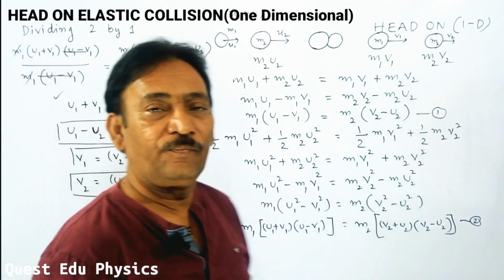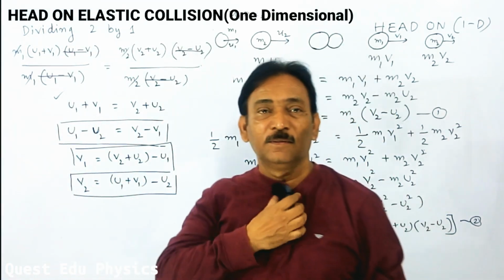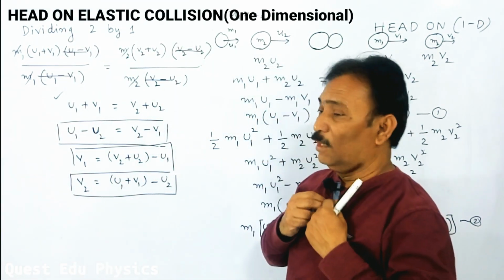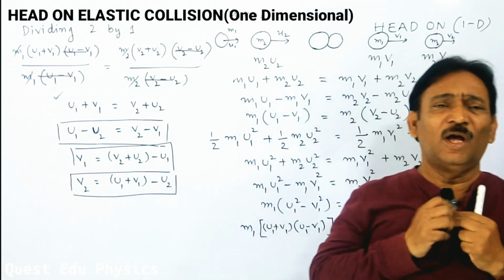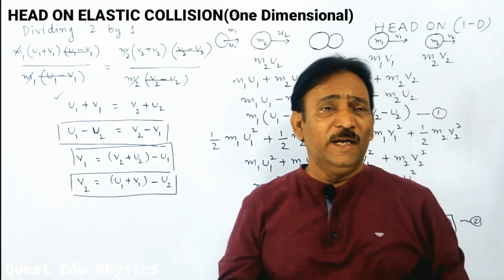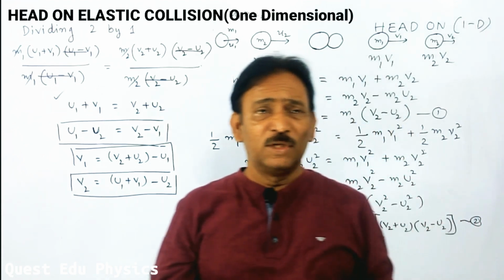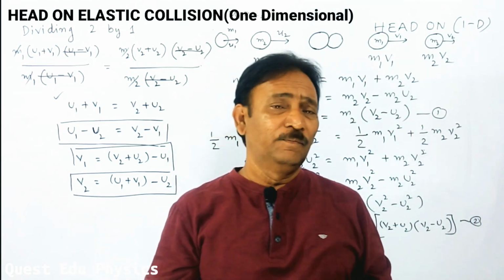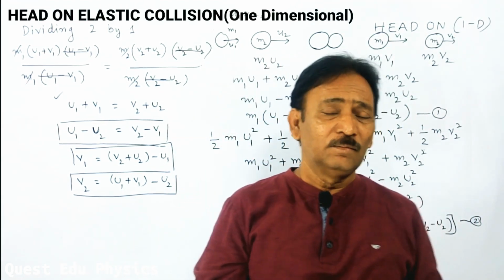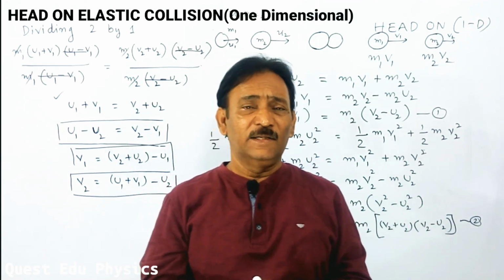Okay, students, I hope you understood this concept. It is the simple work of the law of conservation of linear momentum. We use the two concepts which are involved in collision. One is the momentum and second is the kinetic energy.